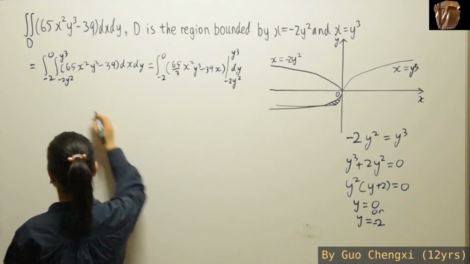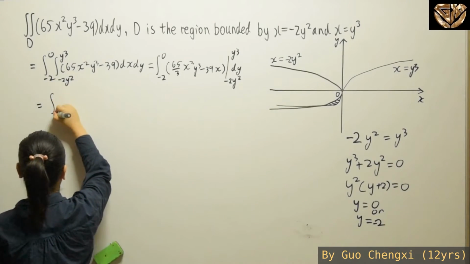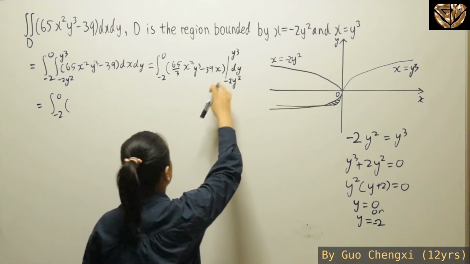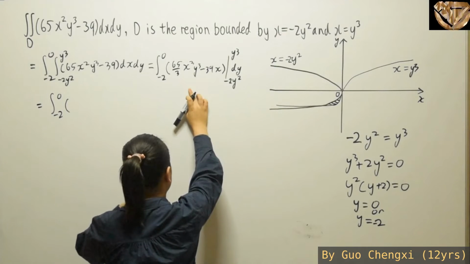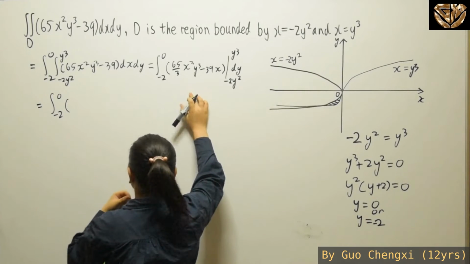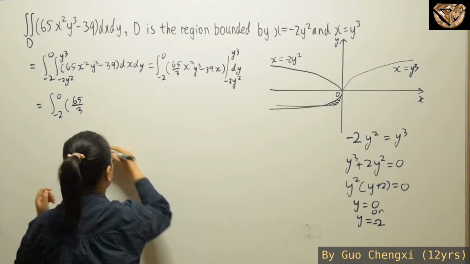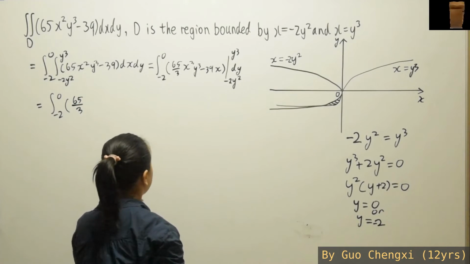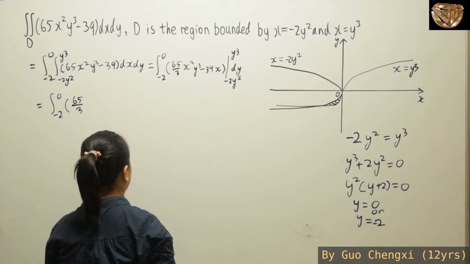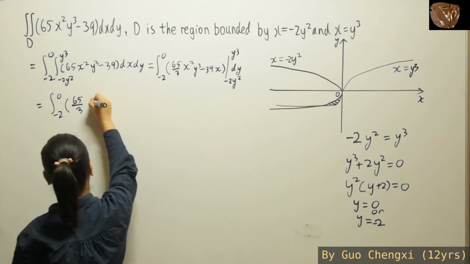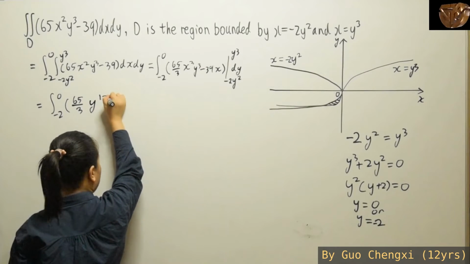Now we can substitute the boundaries inside. Substituting y cubed gives y to the power of 3 to the power of 3. The 65 cannot be divided by 3, so we leave it there. So y cubed cubed is y to the power of 9, and when you multiply that by y to the power of 3, you get y to the power of 12.